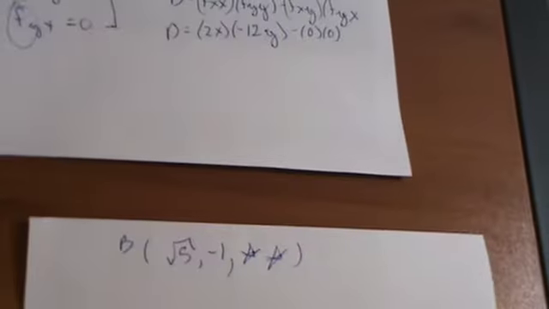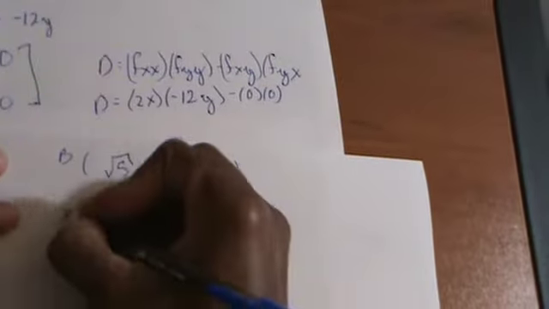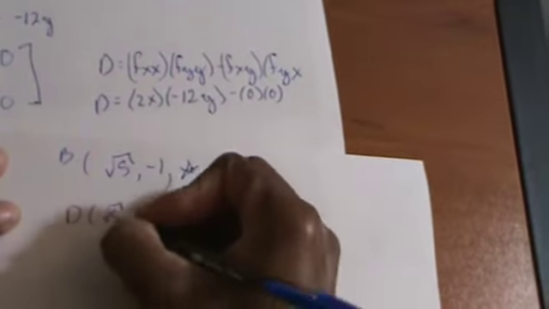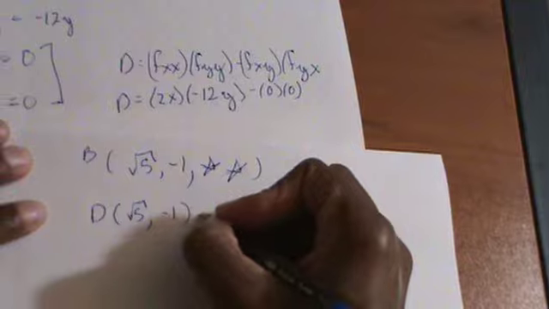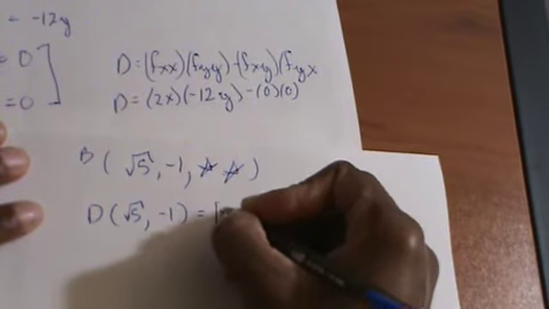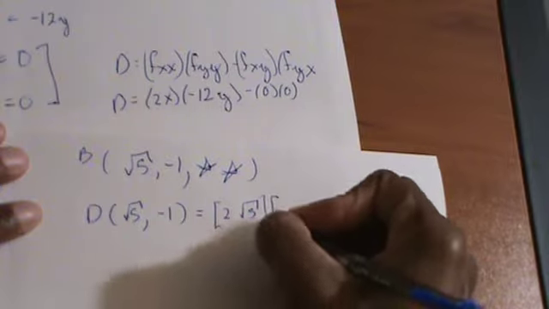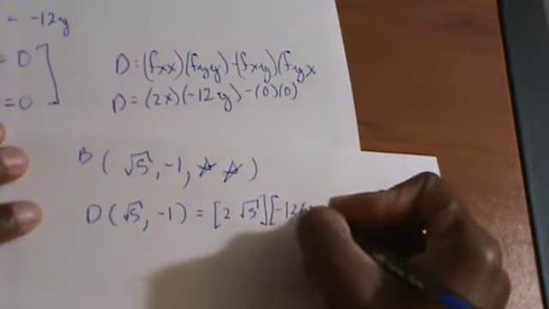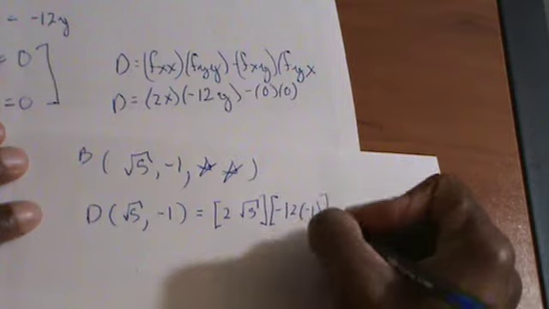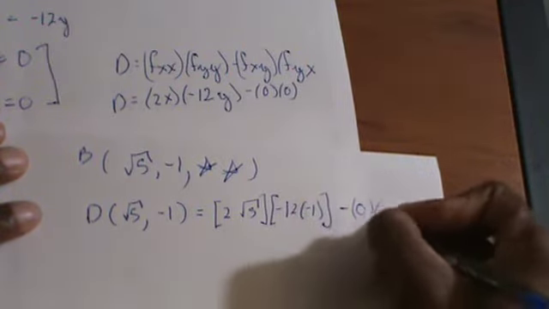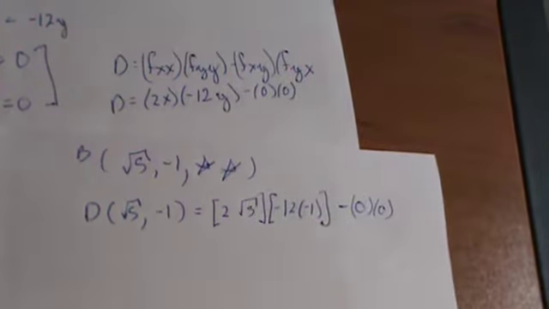Okay, so here we go. We got to plug this into the d. So d of the square root of 5, comma negative 1, then equals 2 times the square root of 5 times negative 12 times negative 1 minus 0 times 0. All right, so let me see what I get.